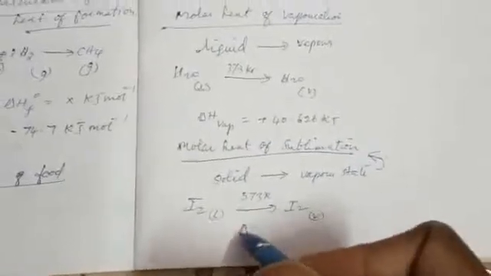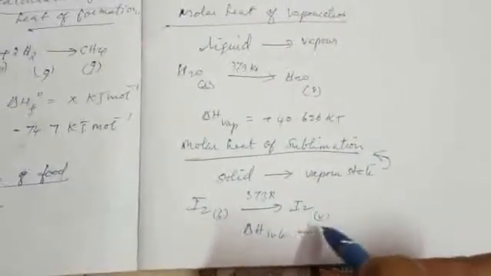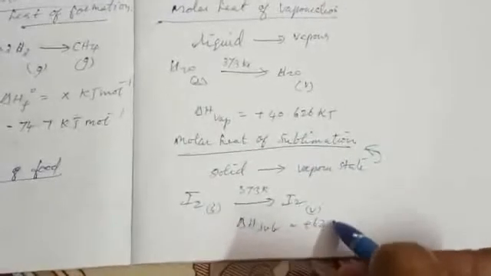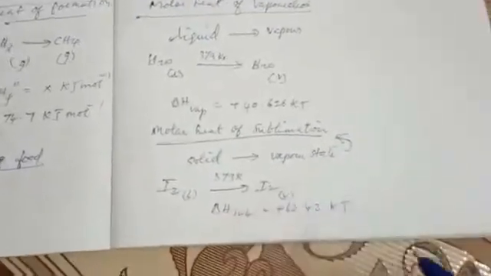Delta H sublimation equals plus 62.42 kilojoules.